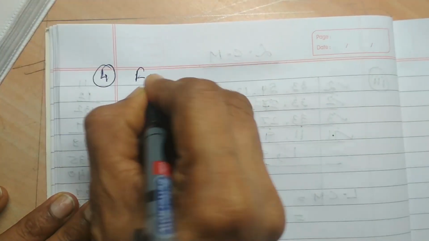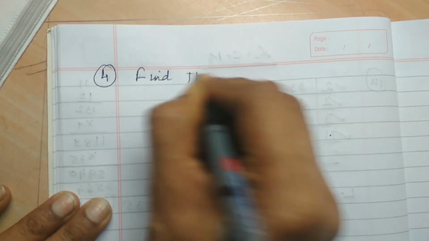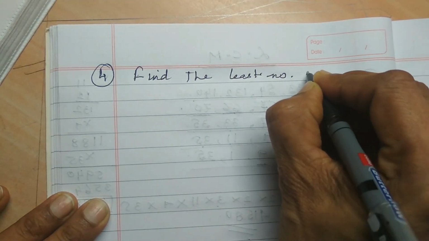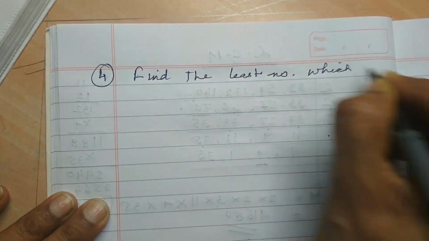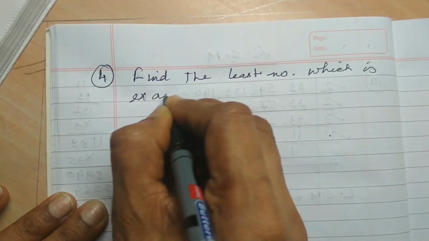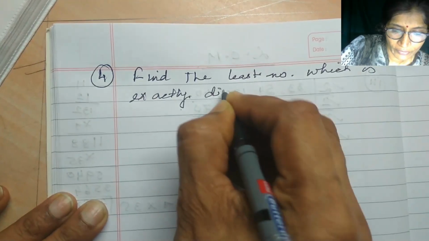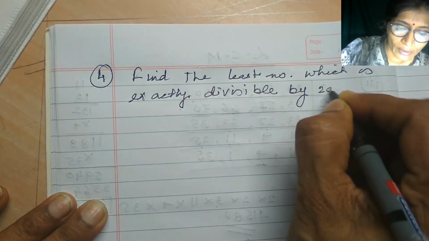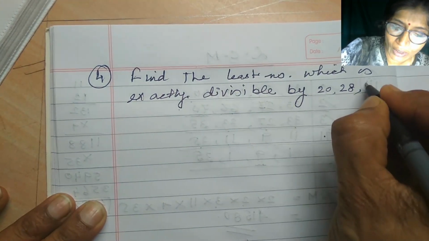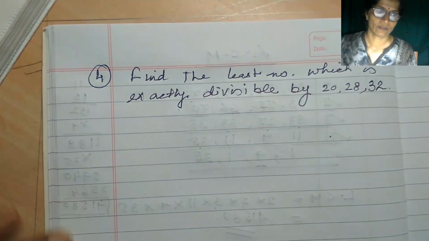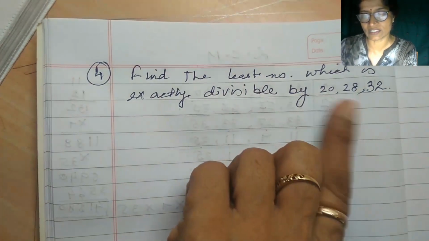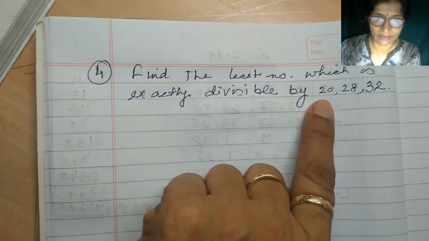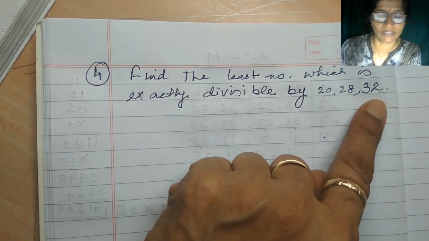So the sum is find the least number which is exactly divisible by 20, 28, 32. A number which is divisible by this as well as this as well as this. Means this number will be divided by this completely, divided by this completely, divided by this completely.